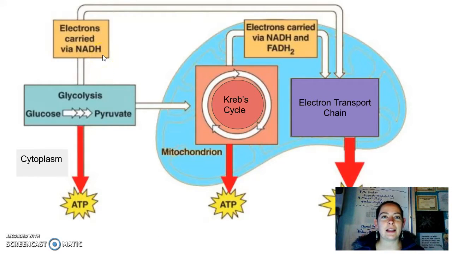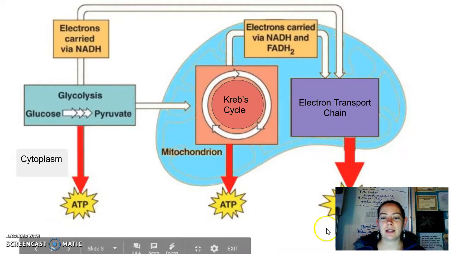Remember, hot potatoes, basically. They're high energy electrons that are coming off of the glucose. They're going to get used later. So the products from here are going to enter the mitochondria, and they're going to get broken down further in a couple more cycles. And in the end, we're going to end up with a whole bunch of ATP that our cells can use for energy.